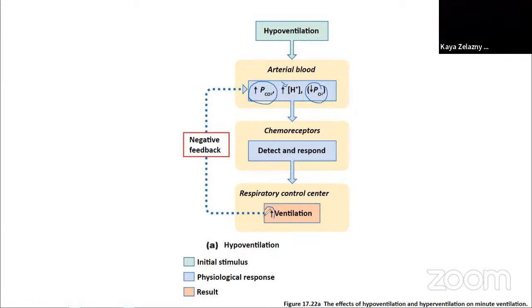So now we're going to increase ventilation, breathe faster until we correct our partial pressures of carbon dioxide and oxygen. We want oxygen to be at 100. We want carbon dioxide to be at 40 in our arterial blood. Once we're back there, we go to our sort of baseline ventilation rate.